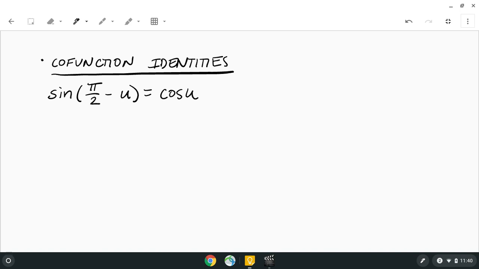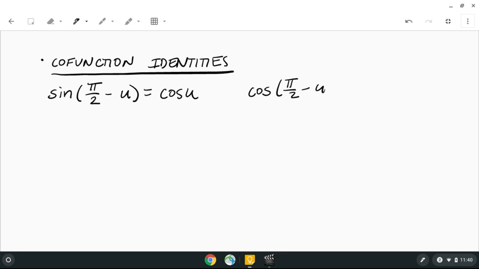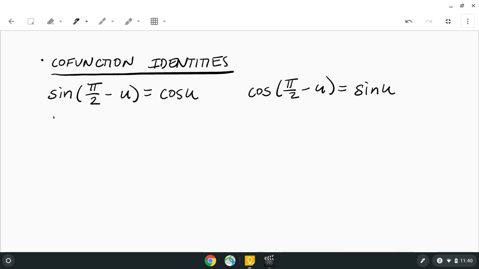Okay, so maybe you remember these, maybe from trigonometry. Okay, and so we also have cosine of pi over 2 minus u equals sine u. Okay, and cosecant of pi over 2 minus u equals secant u.